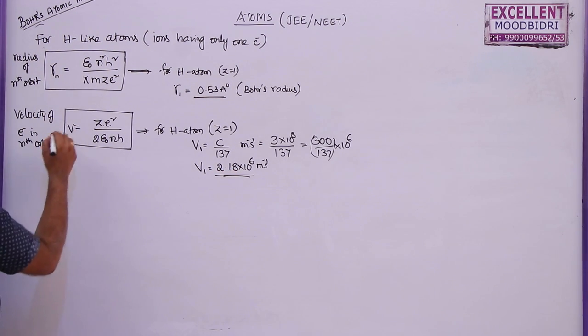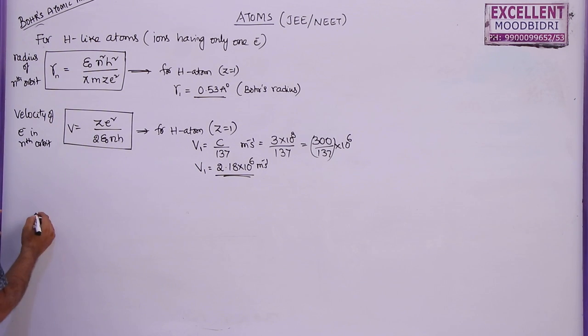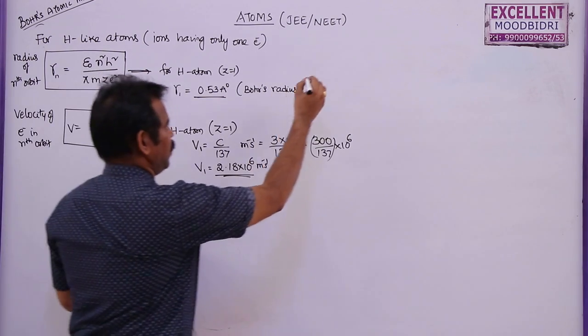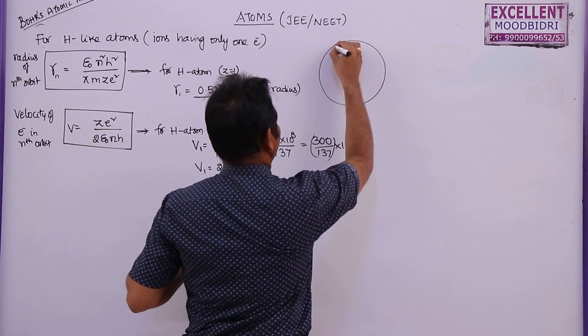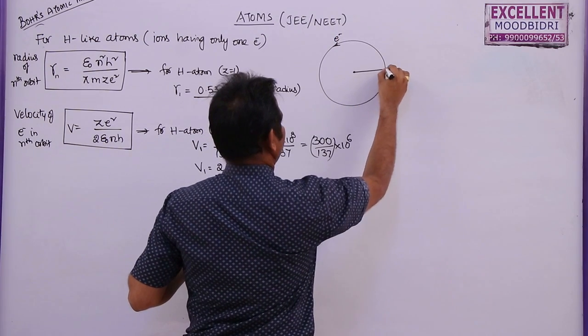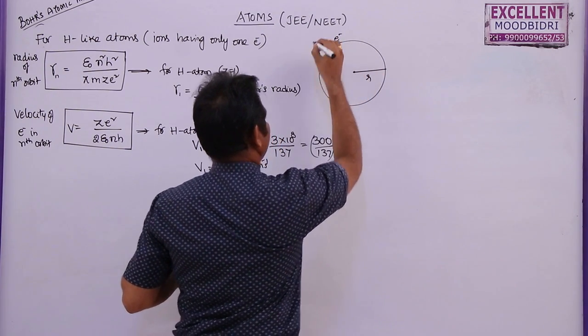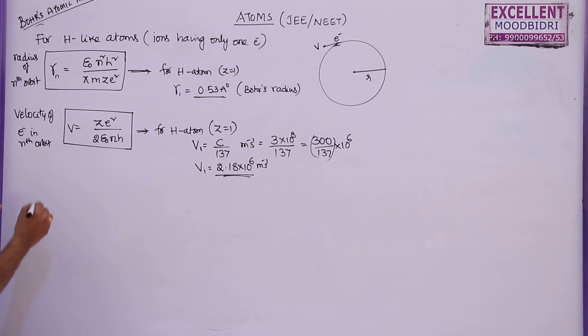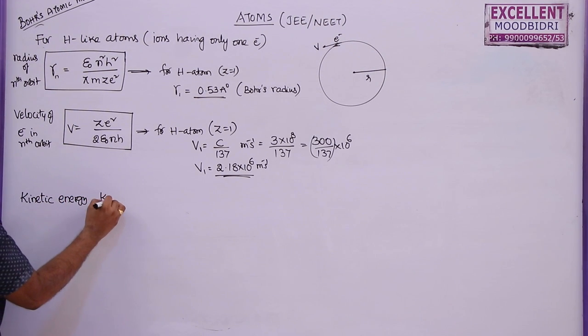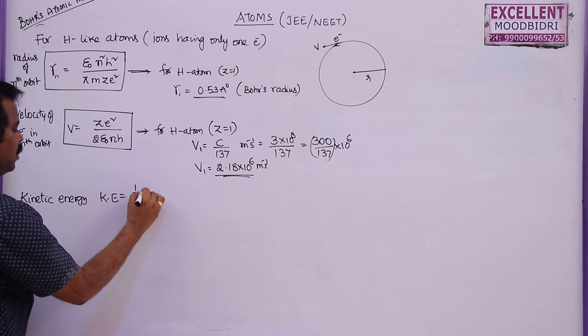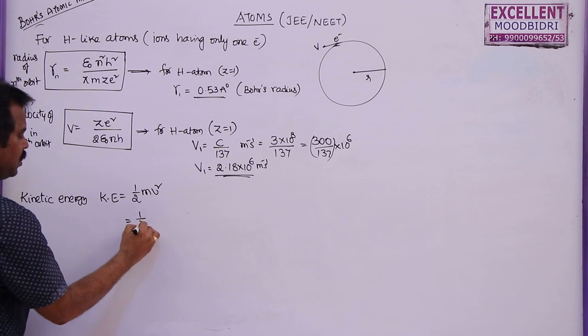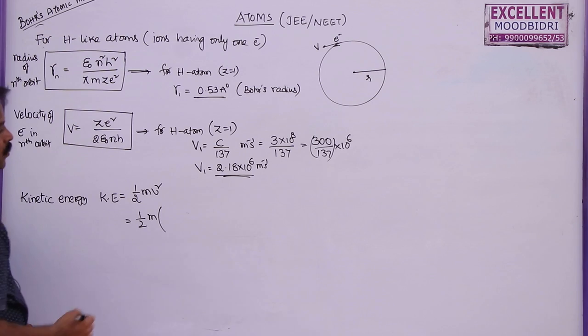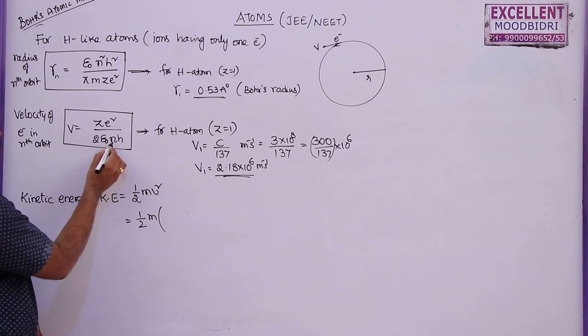So after finding this radius and velocity, now we can find out, for an orbit in which the electron is revolving with a radius r and a speed v, the kinetic energy of this electron. KE is given by half mv square, half into m into velocity, which is Z e square by 2 epsilon naught n h, squared.